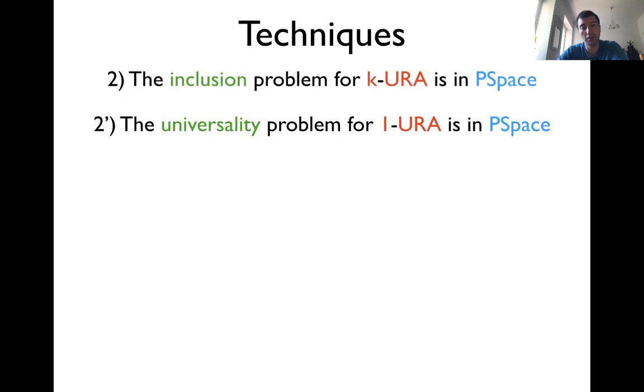I will present it just for illustration for one-register automata and for the universality problem. But essentially, if you see how this works for one register, the generalization is okay.